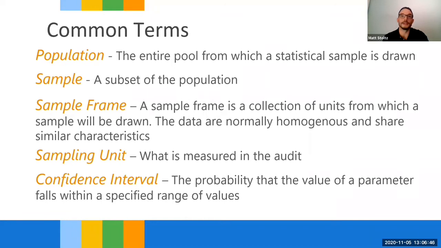Those are all part of the sampling frame. Unit: what is being measured in the audit. For us in compliance, we measure claim lines as our sampling unit. Confidence interval, this is where it gets exciting. Probability the value of a parameter falls within a specified range. We'll get more into that as I go through RatStats for you.